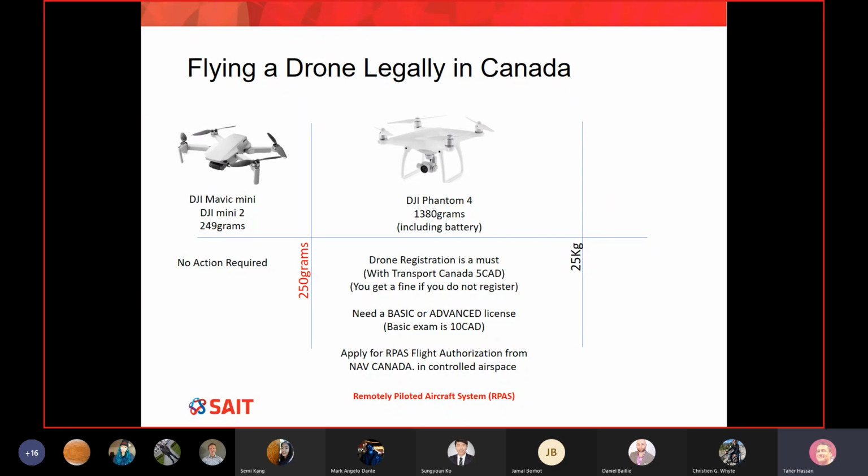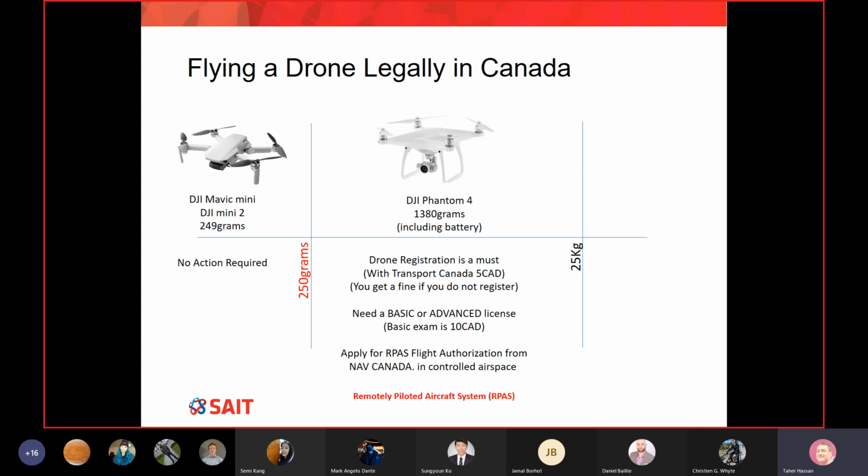And so that opened the market, because everyone wants right now to buy the Mavic Mini and fly, because nobody's going to hunt you. Nobody's going to call the police on you. You're okay. Even later on, they made an improved version, the Mavic Mini 2. So now we have Mini 2, same weight, 249 grams.